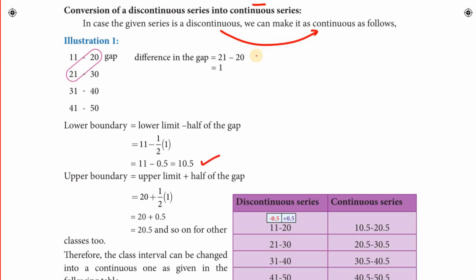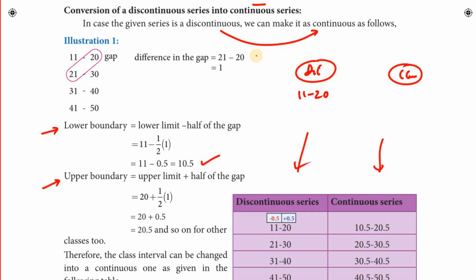Next, what is the upper limit? Upper boundary. So, we are calculating lower boundary and upper boundary for the new continuous group. Now, we have got a discontinuous group, or discontinuous class, and now we are going to make a continuous class. Now, for the discontinuous one, we have got 11 to 20. Next, you see this is the stuff over here. They have shown 11 to 20.